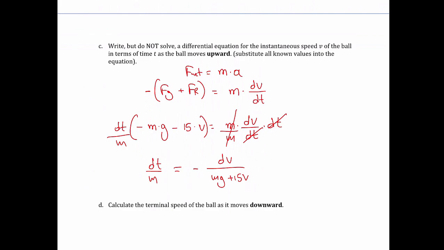By doing this, we have the time on one side and the velocity on the other side.